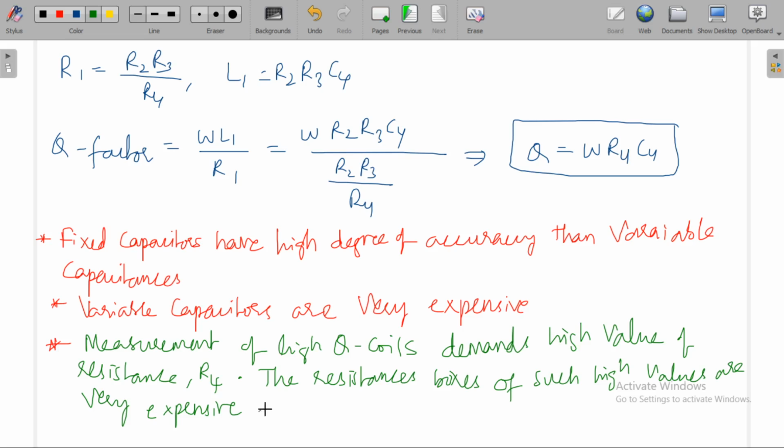So this bridge cannot be used for the measurement of high Q coils. It is not suitable for the measurement of high Q coils. Measurement of high Q coils demands a high value of resistance R4, and resistance boxes of such high values are very expensive.